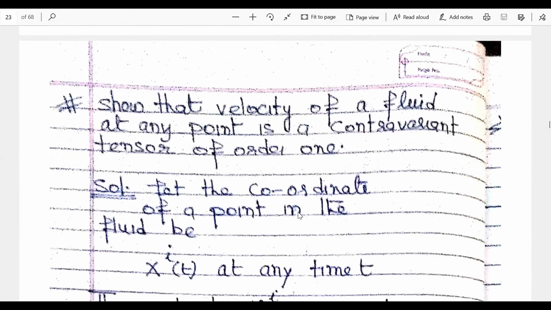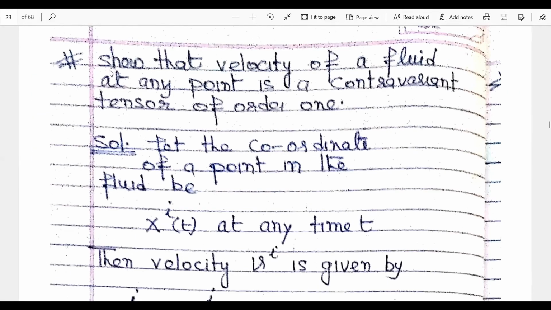After that, a very important result: show that the velocity of a fluid at any point is a contravariant tensor of order 1. We take the position coordinates depending upon time, the coordinates of a point on the fluid.